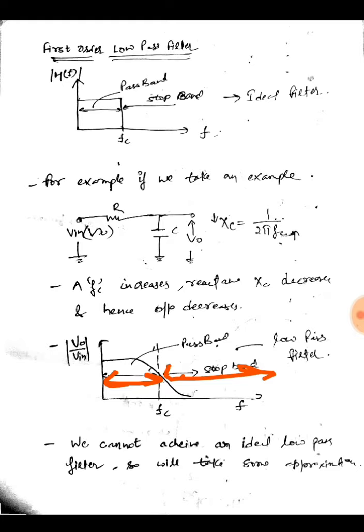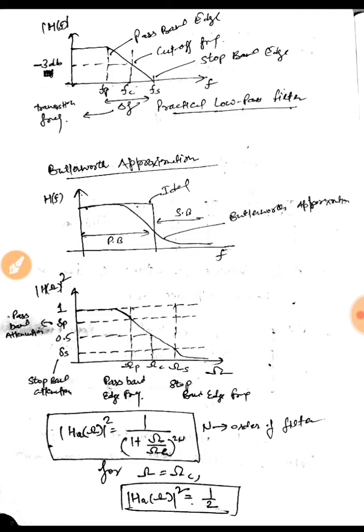In this case we would use a Butterworth approximation. If this is our filter, we have the magnitude of H omega or Hf on the vertical axis and frequency on the horizontal axis, and this is a practical low pass filter.